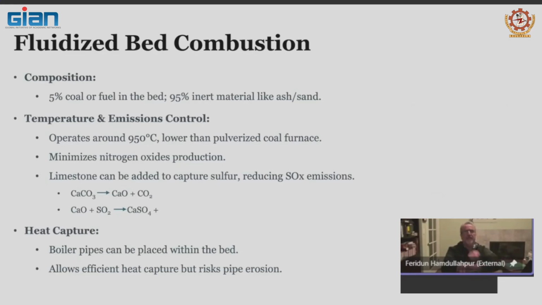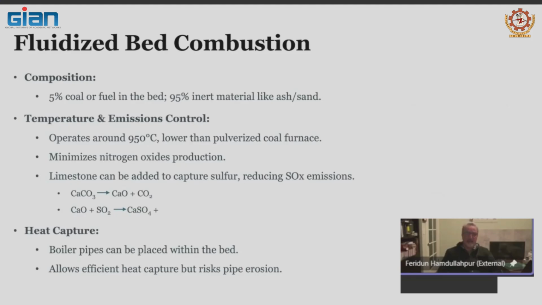If you examine a limestone particle under a scanning electron microscope, you will see a really porous structure within it. The more porous it is, the higher the capture efficiency, because it has a lot more surface area. It's not just around the particle, it's within the particle that gases interact.